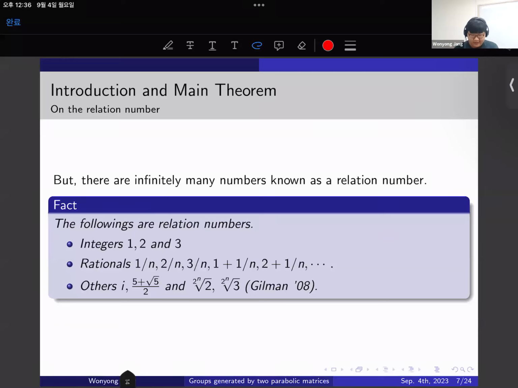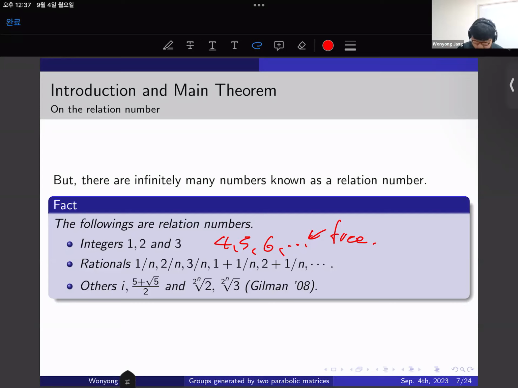But actually there are infinitely many numbers known as non-free numbers. The simple examples are the integers 1 to 3, and recall that from 4, they are free. And some special kinds of rational numbers are also known as relation numbers.